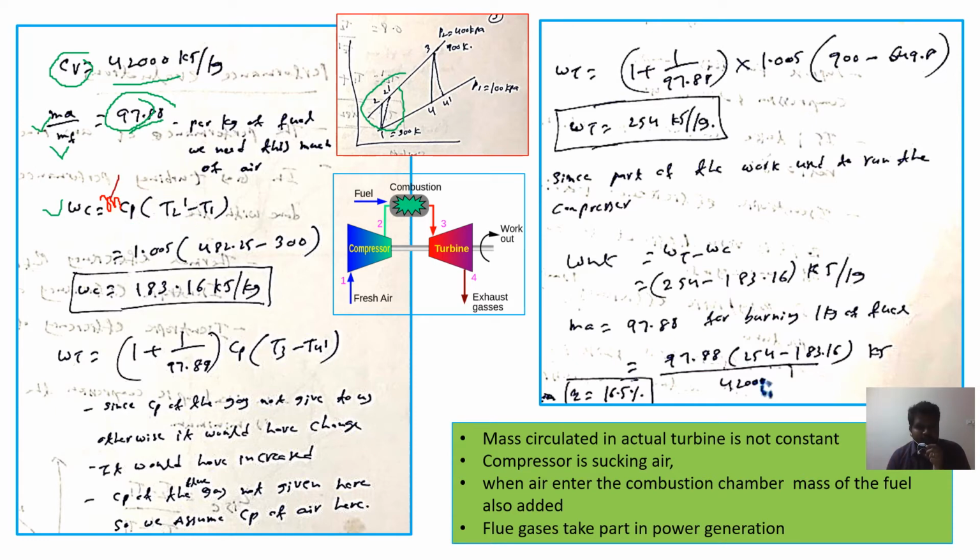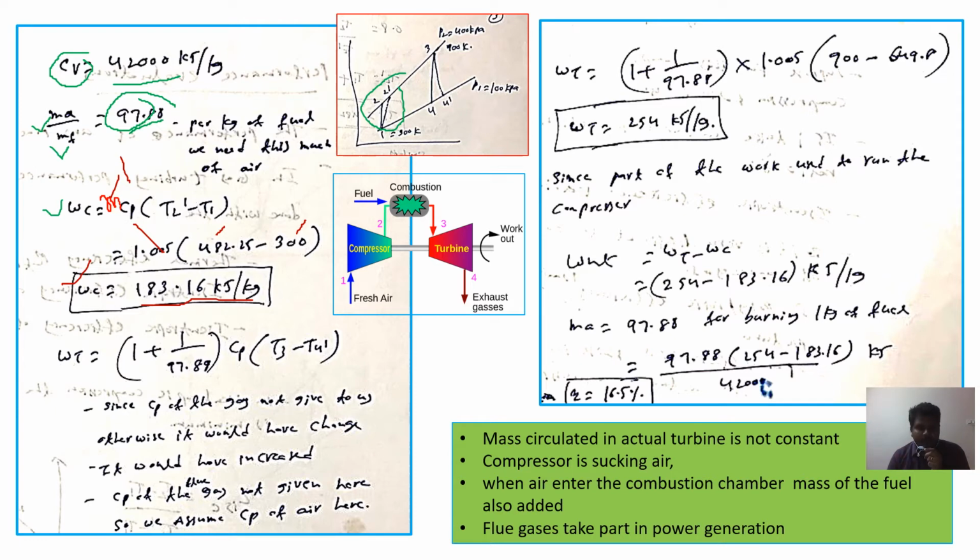But mass of air value is already given in the problem, that is 1 kg. So Cp of the air is 1.005 into T2 dash value we just calculated, T1 value given in the problem. So we can find the work done by the compressor. Actual work done by the compressor equals 183.16 kilojoule per kg.